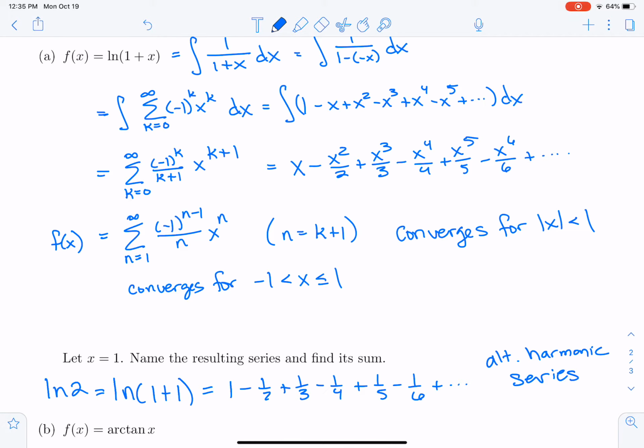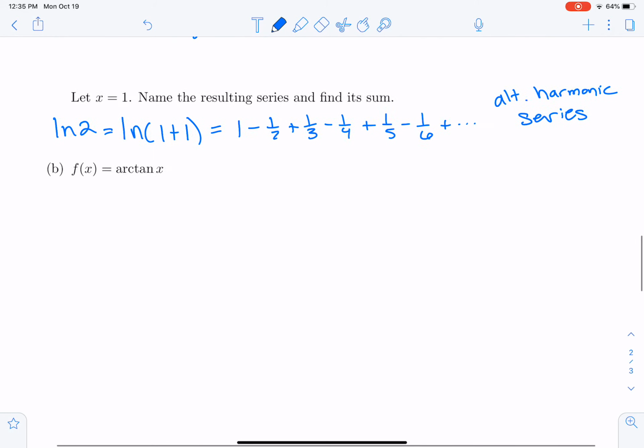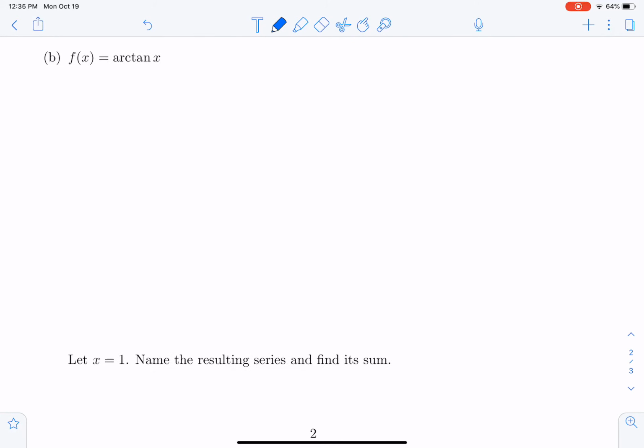So let's do one more function. That function is going to be the arctangent of x. You'll remember that the derivative of the arctangent of x is 1 over 1 plus x squared. So that means that the antiderivative of 1 over 1 plus x squared is the arctangent of x.